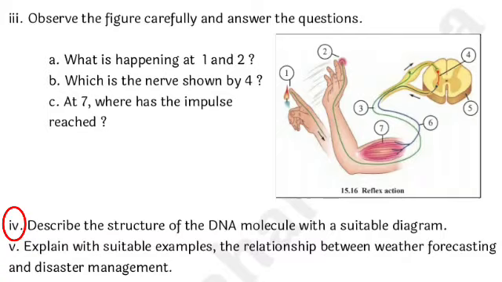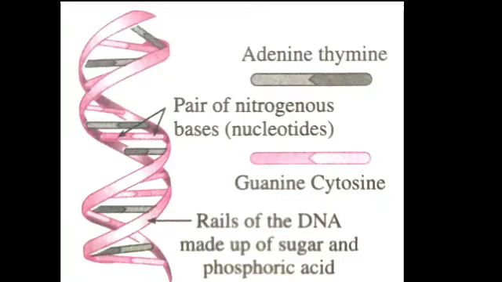Question 4. Describe the structure of the DNA molecule with a suitable diagram. First of all, see the diagram of this DNA and try to draw it. In this diagram, we have to mark the black part as adenine thymine and the pink part as guanine cytosine.